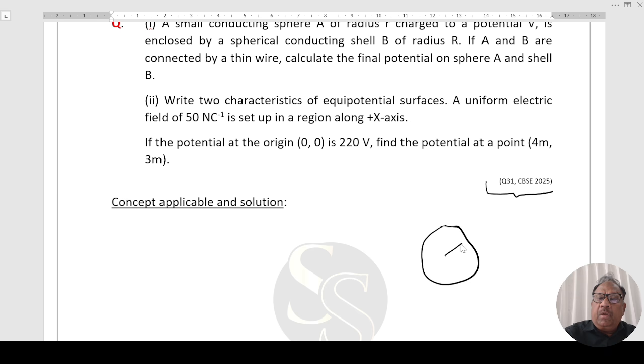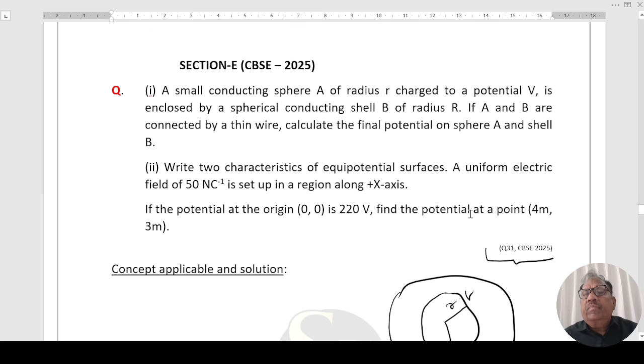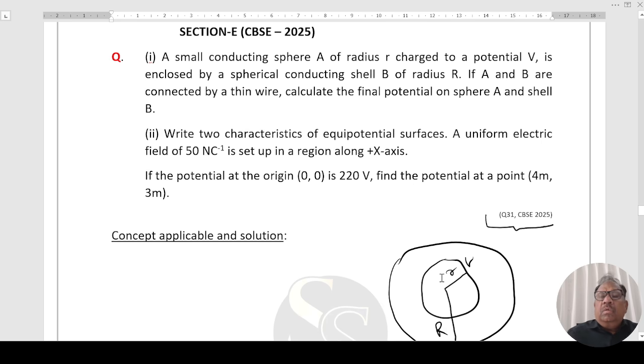This is the sphere of radius R, and the other shell is of radius capital R. The potential of this is V. Then V equals 1/4 pi epsilon naught Q upon R.